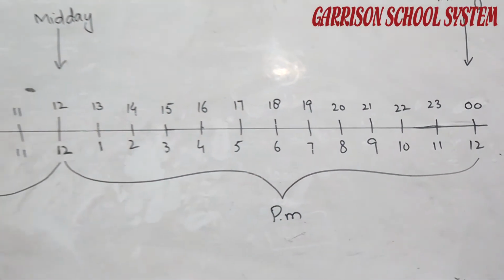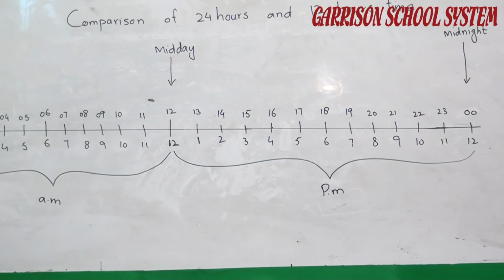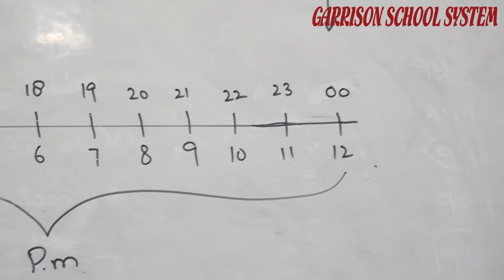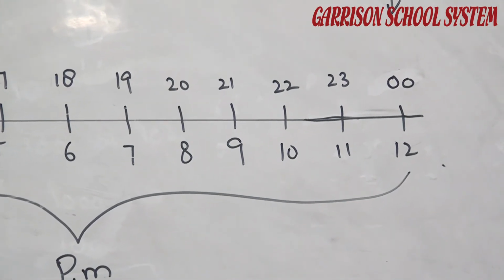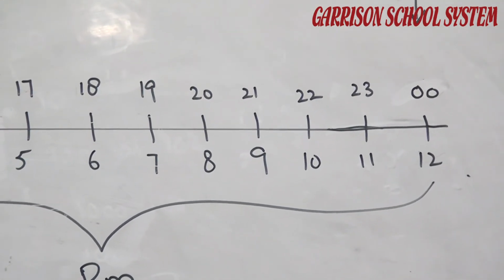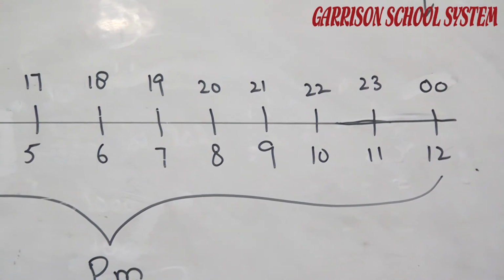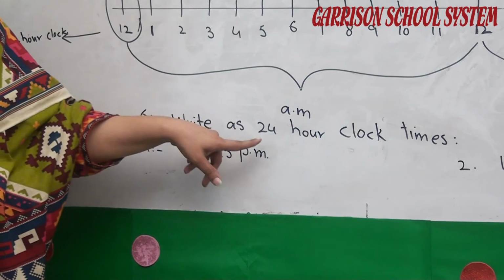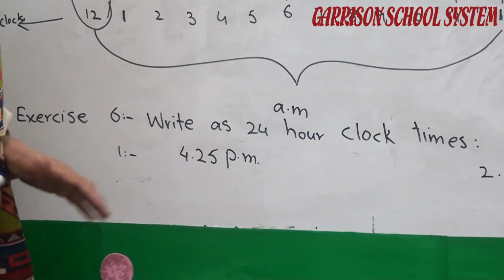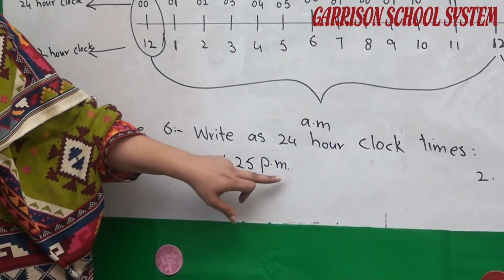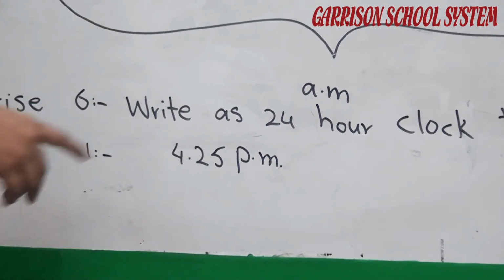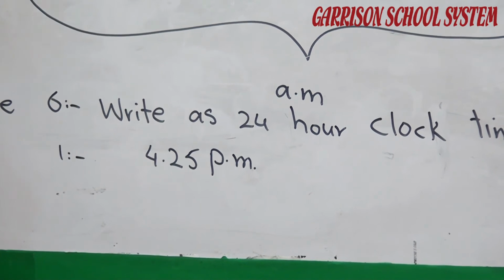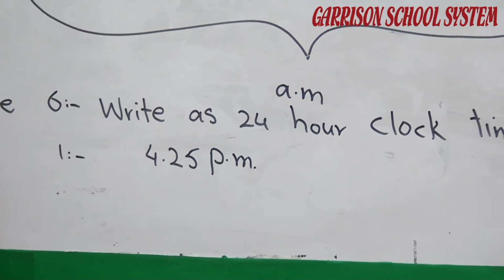So students, exercise number 6. We have the question: write as 24-hour clock times. These are the times given in 12-hour clocks, but we have to convert them into 24-hour clocks.